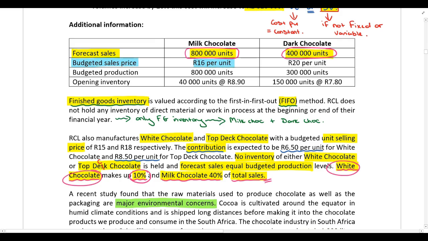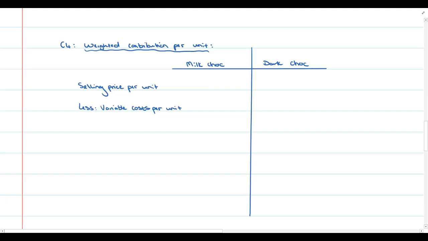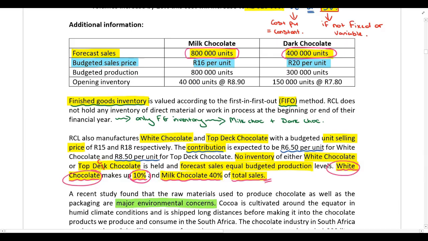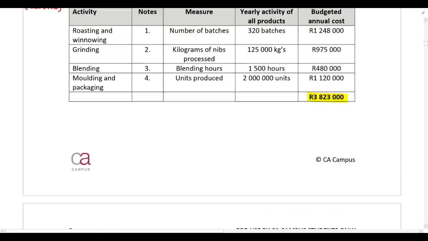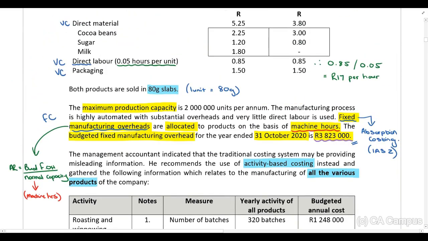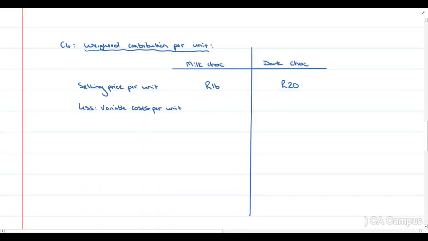It's R16 per unit for milk chocolate and R20 per unit for dark chocolate. Then we need to deduct all variable costs. So first we have the variable production or the variable manufacturing costs, which include direct material, direct labor, and packaging. And this is very simple because you have been given all of these variable costs per unit, so you can just transfer these amounts across to your calculation.